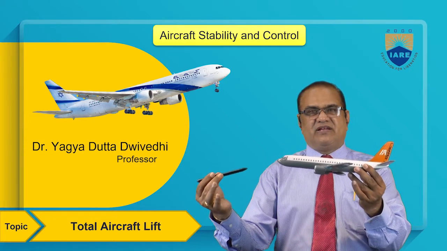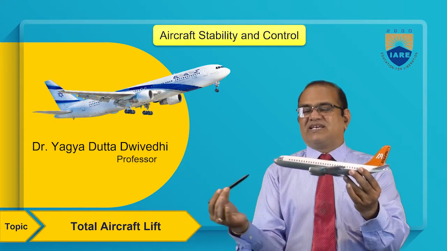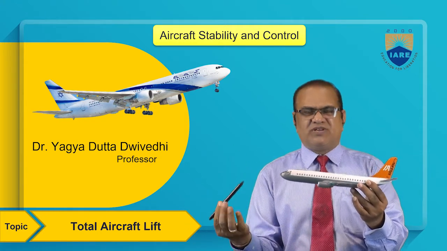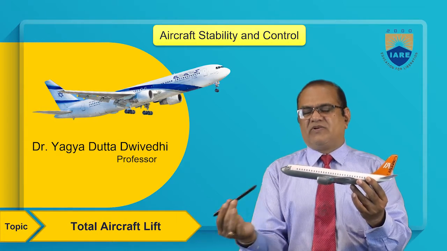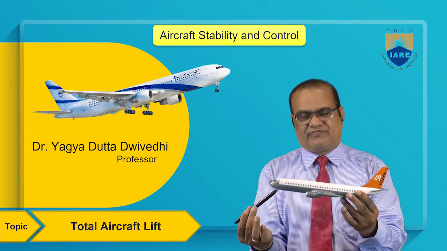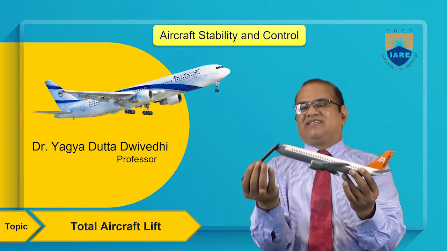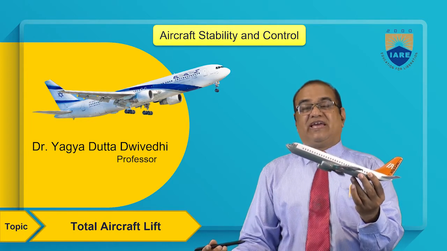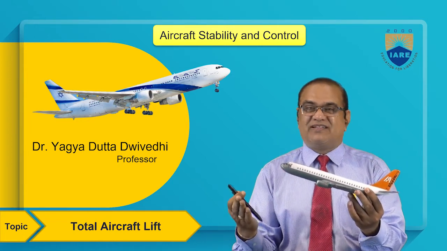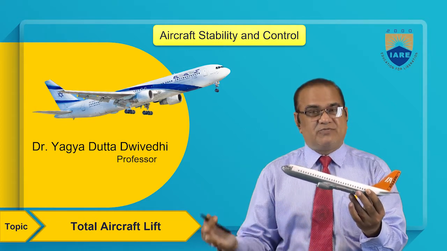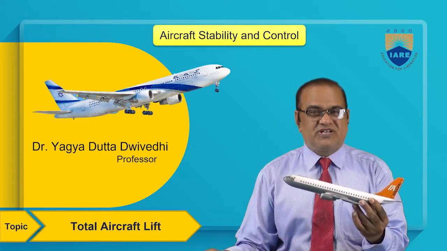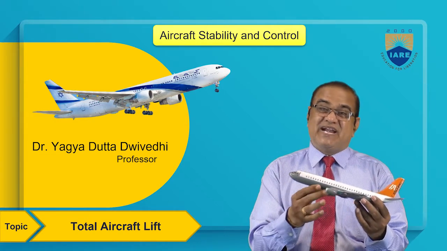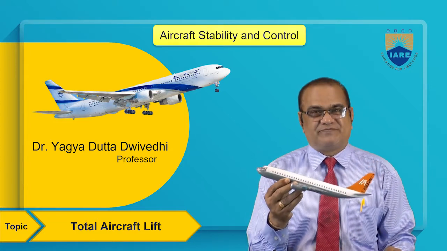As and when all of a sudden a gust comes from any side, left, right, or bottom, I am assuming the wind comes from the bottom, hits like this, and the aircraft goes up. So is the aircraft coming back to its original, or equilibrium, position, or is it going away from the equilibrium position, or is it maintaining the disturbed position?